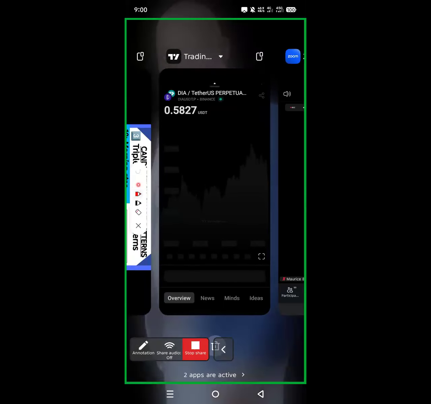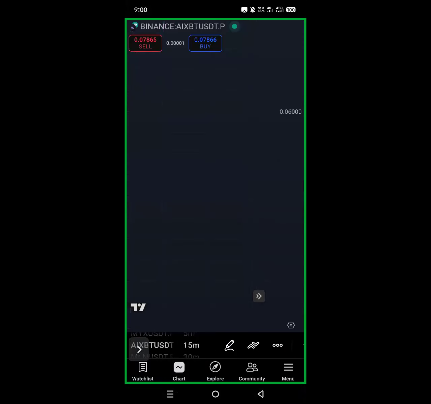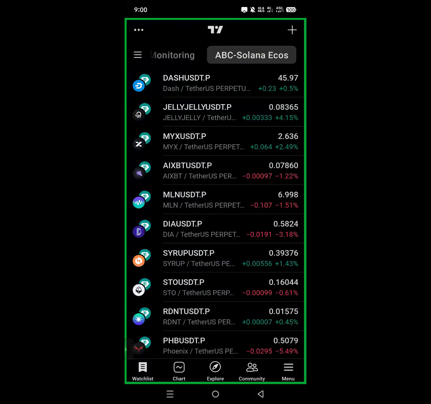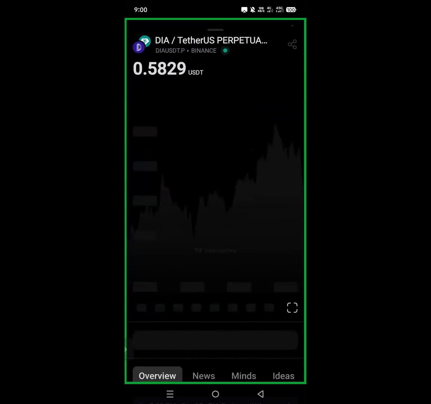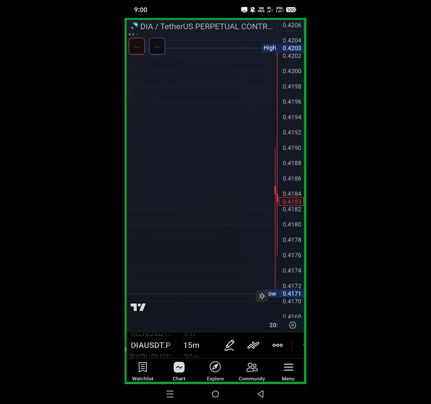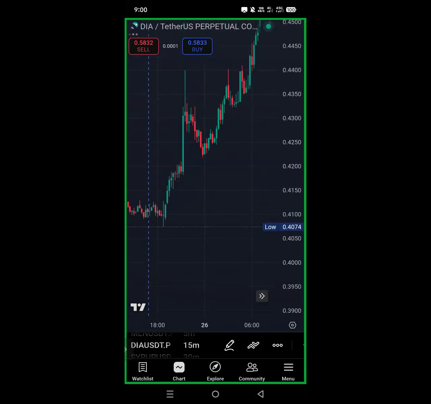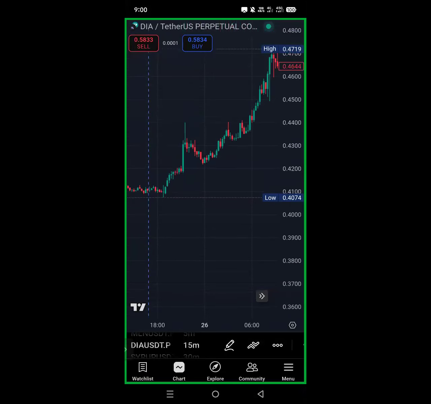Let's just see if I can find one in another coin. If I don't find it in another coin, then you can also take your time and try to look through. You may come across any of those candlestick patterns we talked about. Find any, it will really be nice.